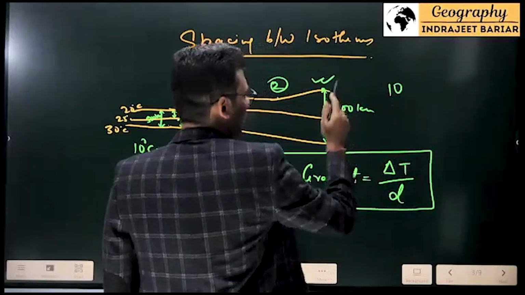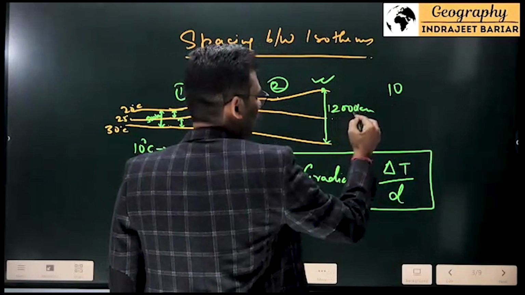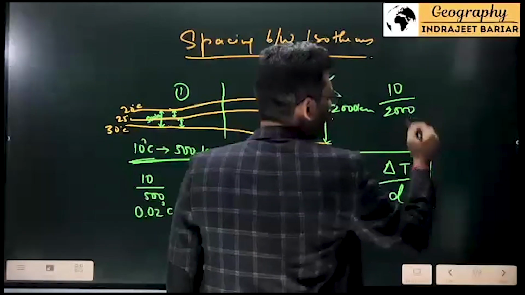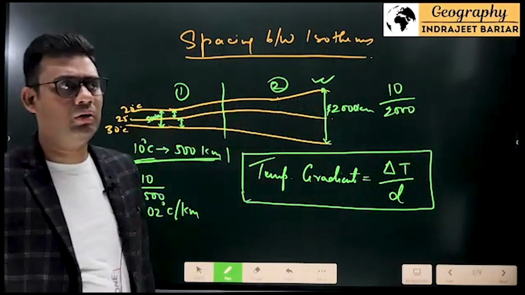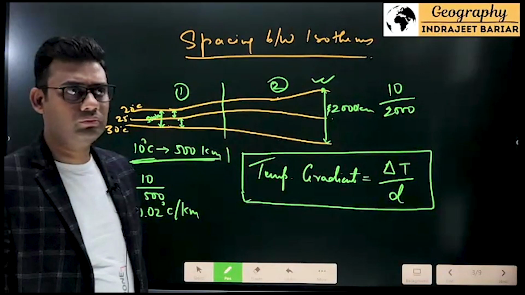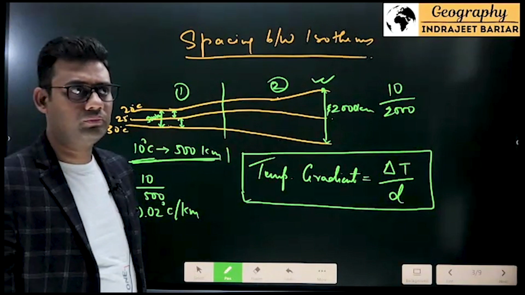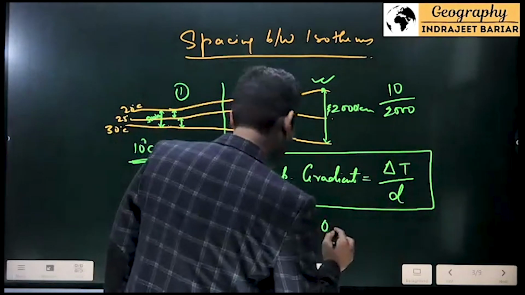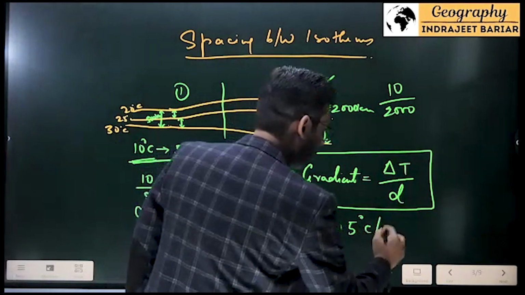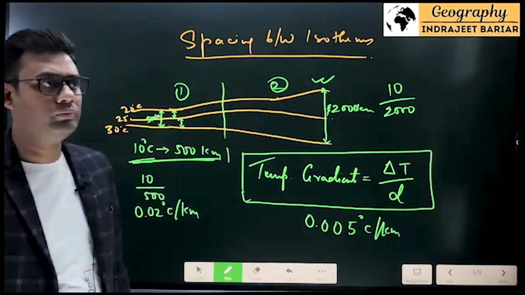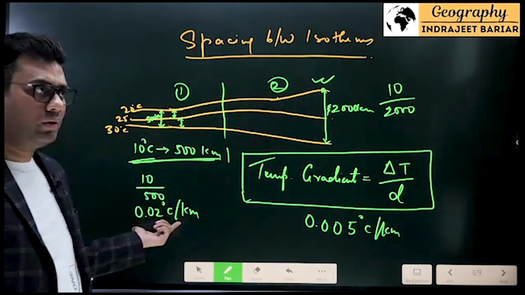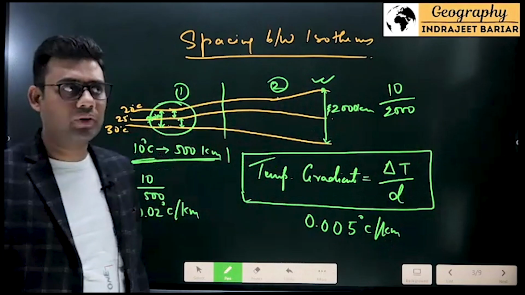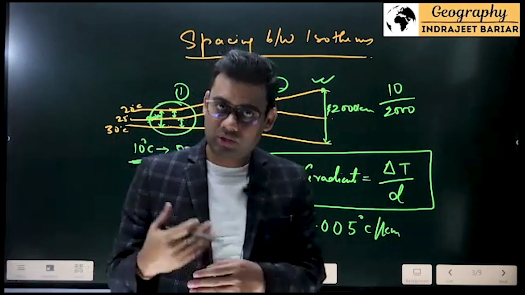Or to make it simple, let's say I keep it 10 by 2000. Make it 2000 kilometers. 10 by 2000 would mean 0.005 degrees Celsius per kilometer. Correct? Which one is more? This one is more. So I can say that here the temperature gradient is higher. And as the temperature gradient is higher, the temperature change would be rapid.